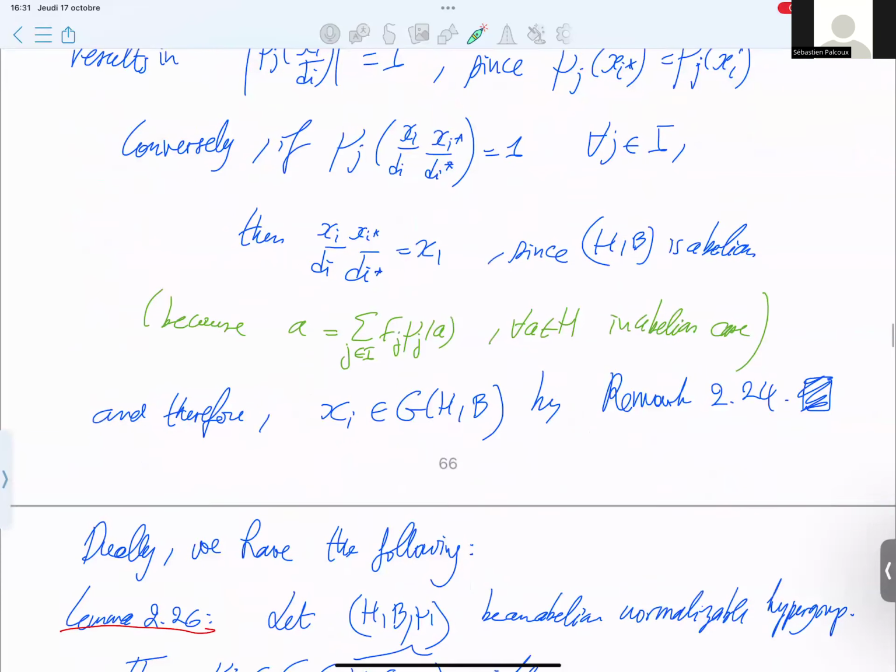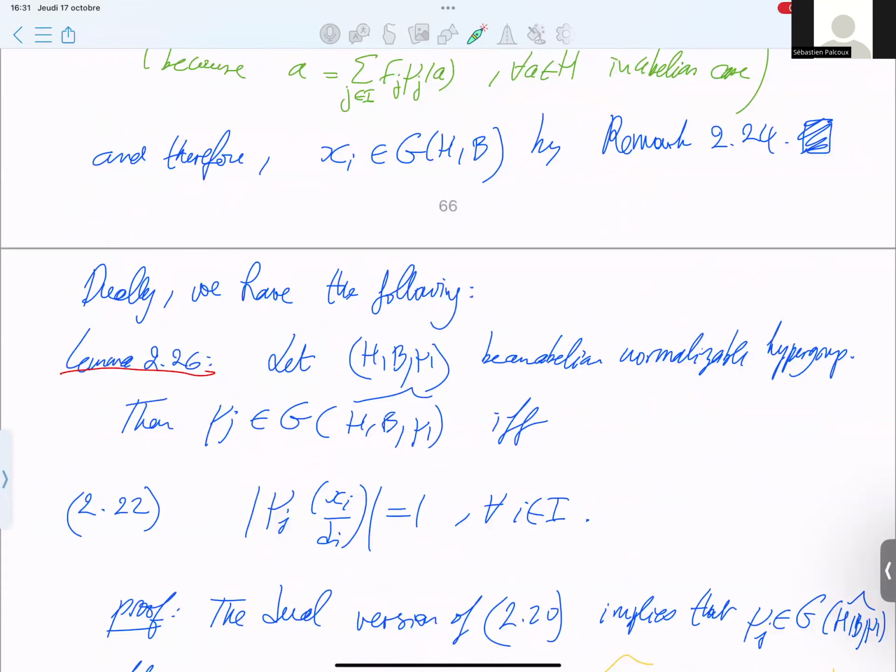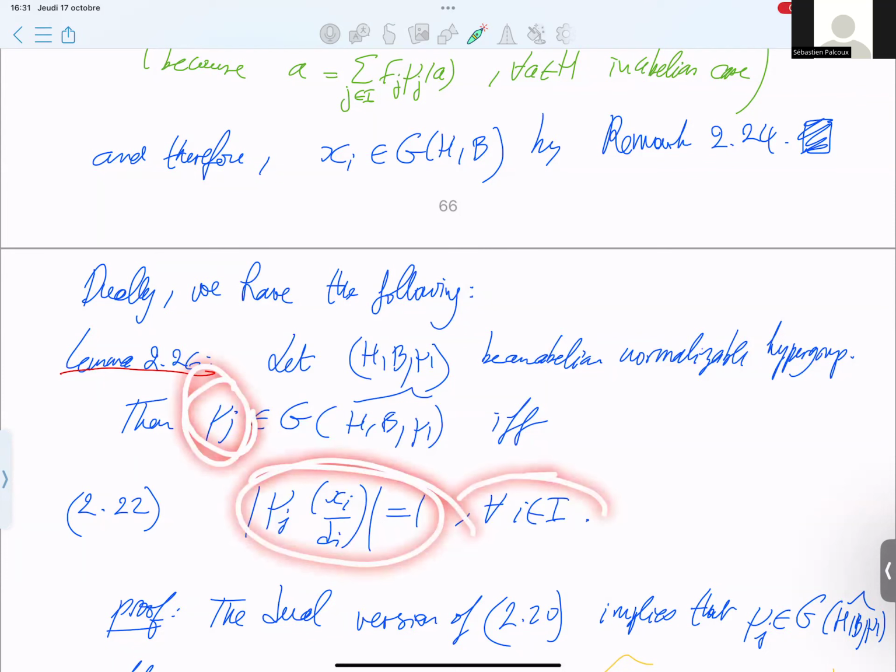Now you can have the dual version. You take the linear character as an element of the dual, and if you apply the previous lemma, you can state exactly dually that this element is group-like in the dual if and only if you have the same kind of equality, but here this should be true for all standard elements.